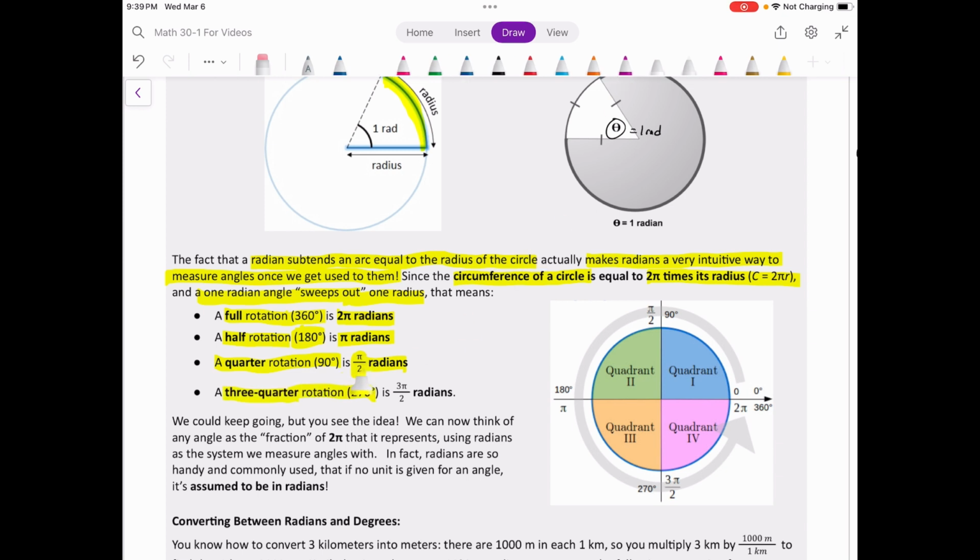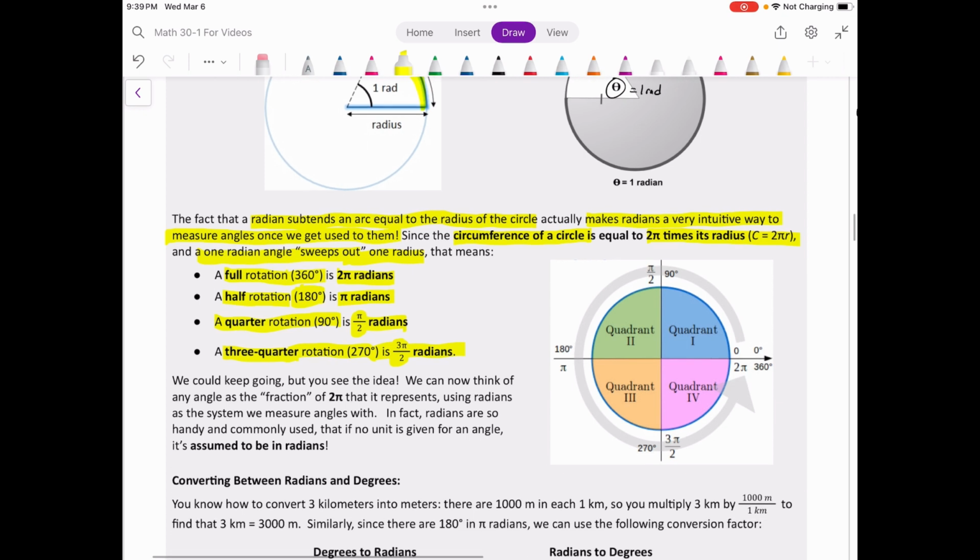If a quarter rotation is pi over 2, then 3/4 of a rotation is 3 pi over 2 radians. And this is the nice thing about radians, we can think of tons of these angles, especially our quadrantal angles, as just being the fraction of 2 pi that they represent, right?